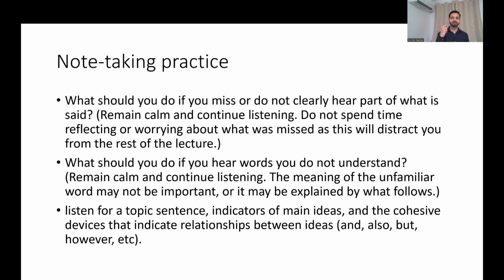And but and however are used for contrasting something. So the city was beautiful, but it had these problems. Or however, it was hard for people to live in that city. So I'm giving you an example, and that's how those are used. If you can catch those cohesive devices, you can actually use them while you're retelling the lecture, okay?